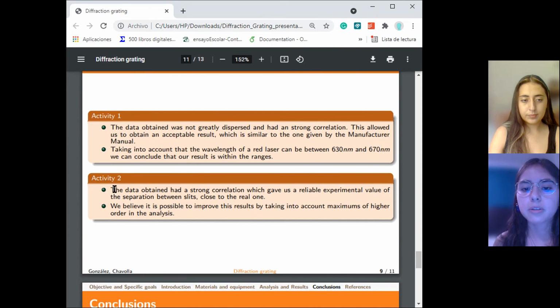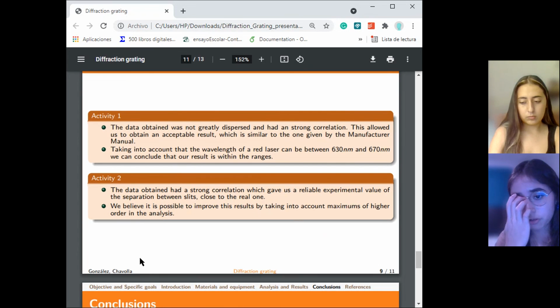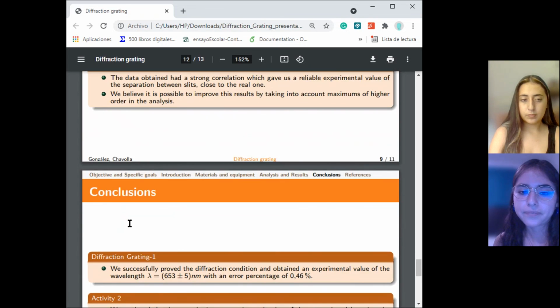For activity 2, we once more obtained that the data had a strong correlation. This gave us a reliable experimental result. We believe that we can improve our result by taking into account maximums of higher order.